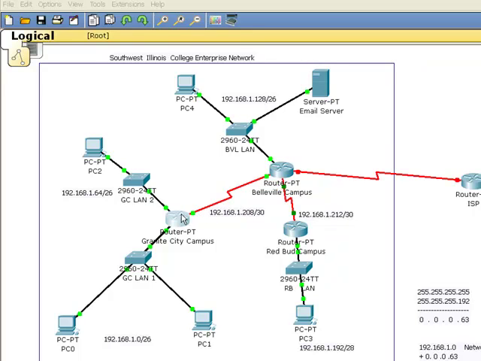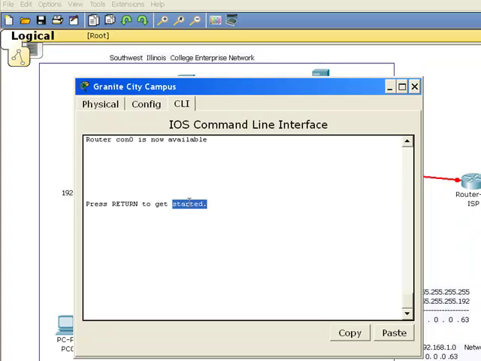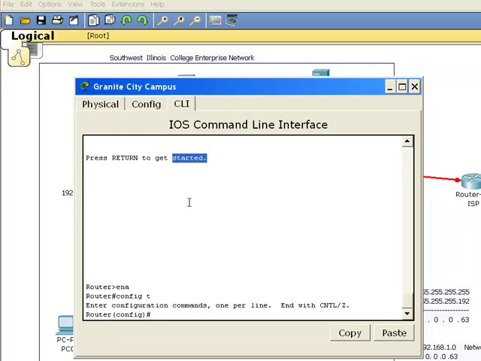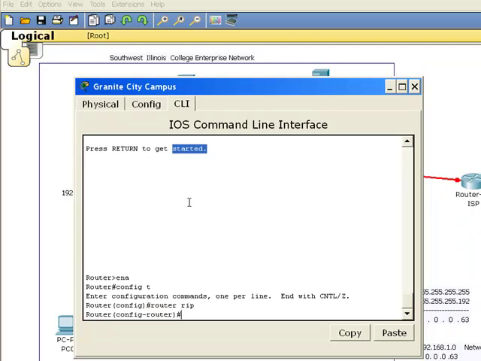Now, in our example, we've got 4 LANs that are connected by 3 routers. So what I'm going to do is start with the Granite City router, and there's not a whole lot to it. With RIP, we just have to say router rip, and this will turn on the dynamic protocol RIP. I then have to tell it what networks I want advertised.